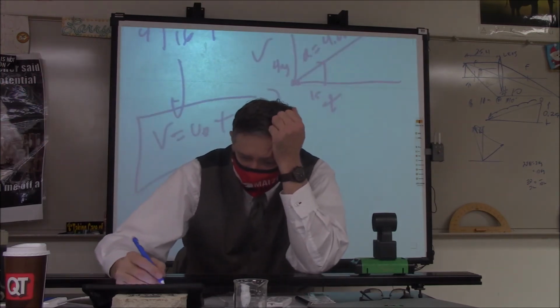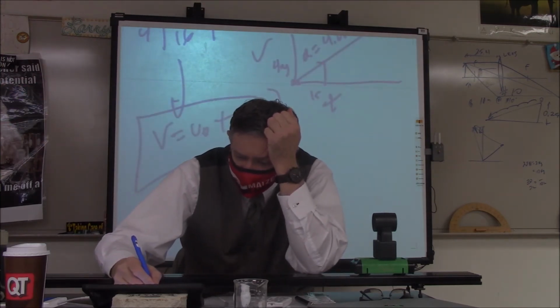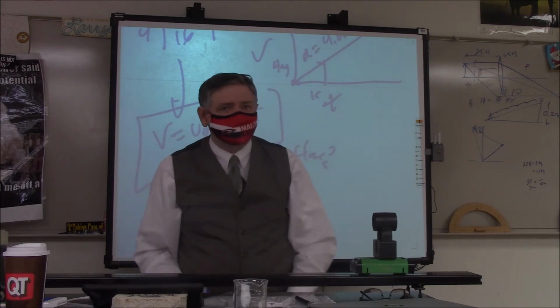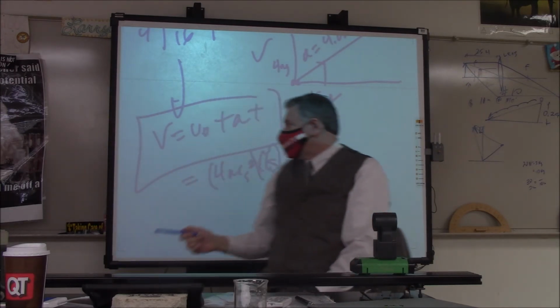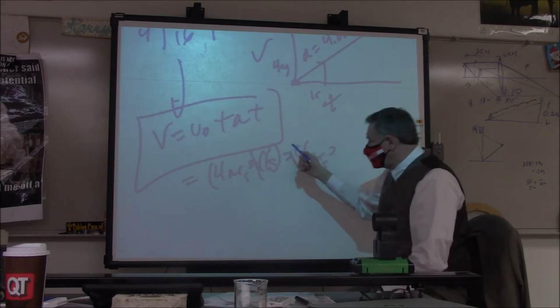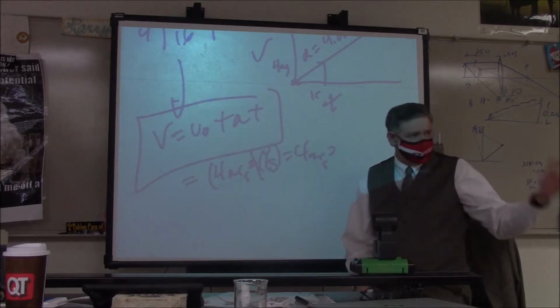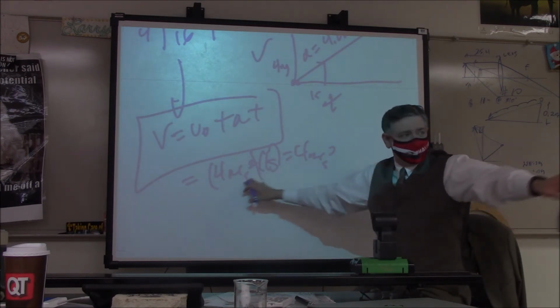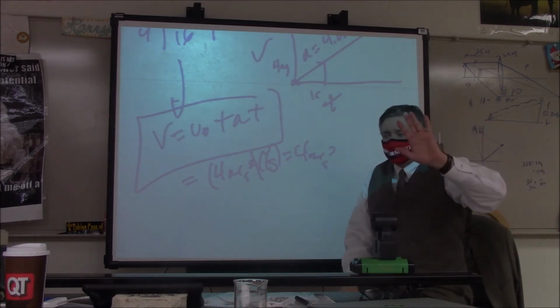So if you like equations, you'd take 4 meters per second squared times 1 second, and you would get 4 meters per second. At the end of 2 seconds, I would plug in 2 and get 8. I would plug in 3 and get 12. I would plug in 4 and get 16. So if you like equations, go with this. Same idea.